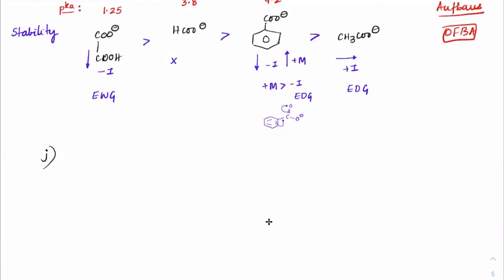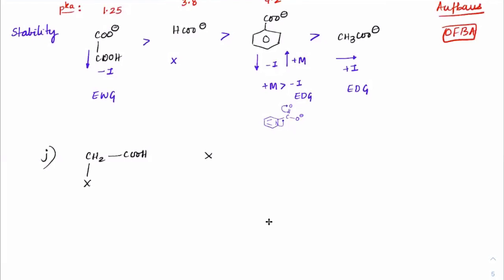Next, if we consider CH2COOH with different groups here. Suppose X is there. For different X values, we may have different acidic strengths as well.